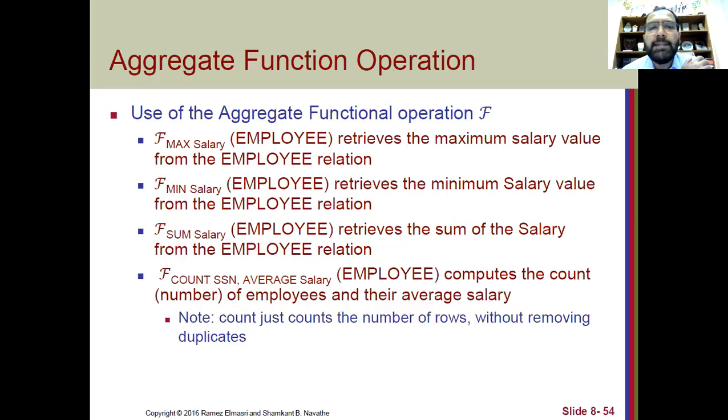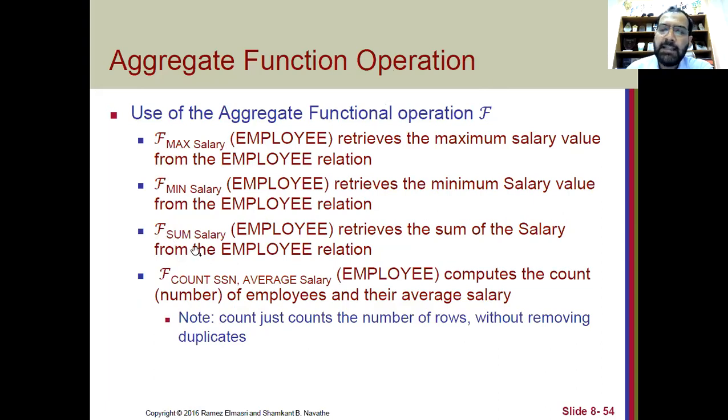So here you can see how it can be applied. The function is normally represented with this italic F. So F, max salary of employee, retrieves the maximum salary of an employee relation. F, minimum salary, will retrieve the minimum salary value from the employee relation.